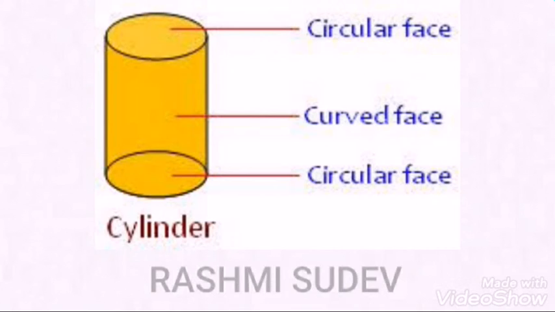Look at the given figure carefully. The base or the bottom and the top surface of a cylinder are alike, flat and circular. This you can see in the above figure. The turning surface between the bottom and the top part is a curved surface.